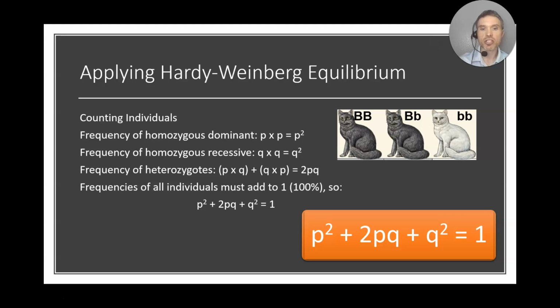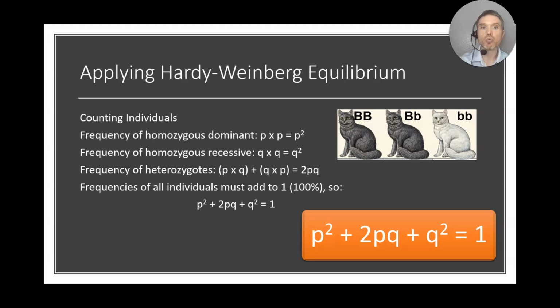So in order to justify this equation, we are going to simplify it, and the heterozygotes in our population are going to equal 2pq. When we add all the frequencies of the individuals together, we come up with this equation shown in the orange box: p squared, which is homozygous dominant, plus 2pq, which is our heterozygotes, plus q squared, which is our homozygous recessive, equals 1. And that is the second equation that you will need to use for Hardy-Weinberg equilibrium.